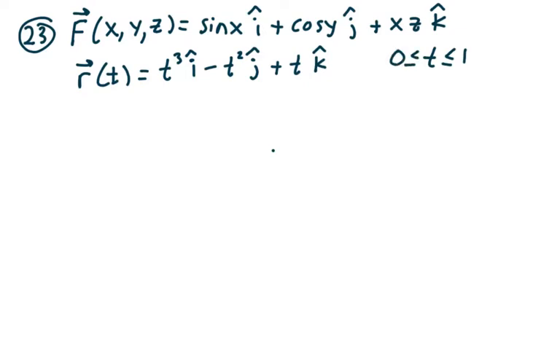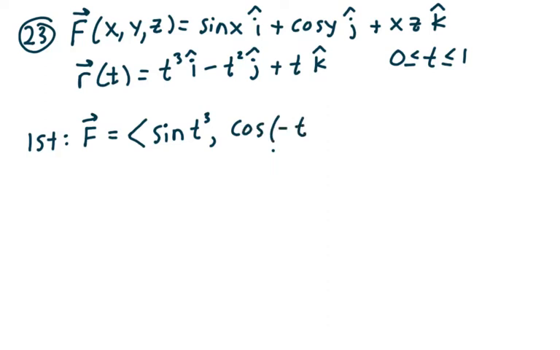Okay? Now, first, again, remember, we're going to express f in terms of t. So now, replace x with t cubed. So we get sine of t cubed. Cosine of, replace y with negative t squared.